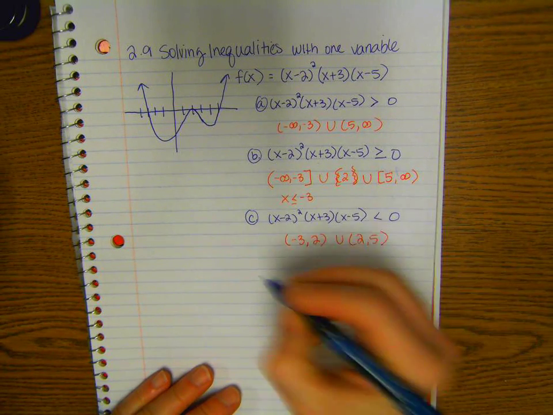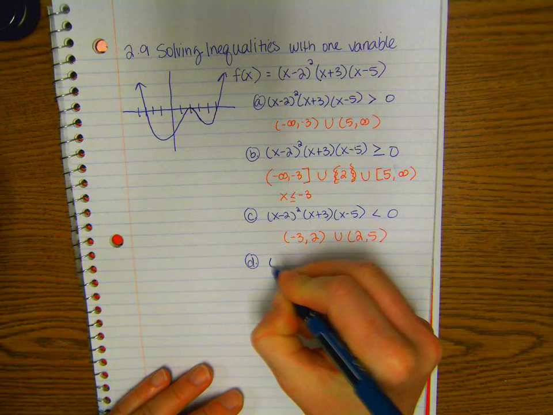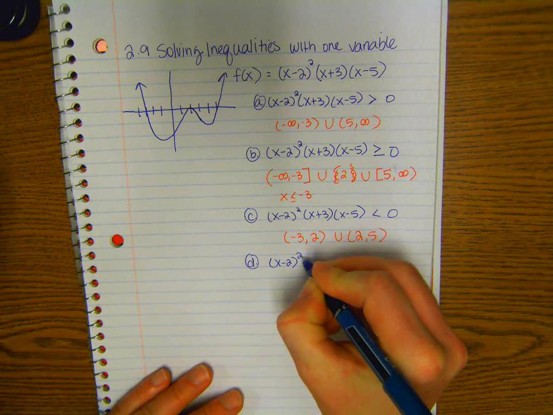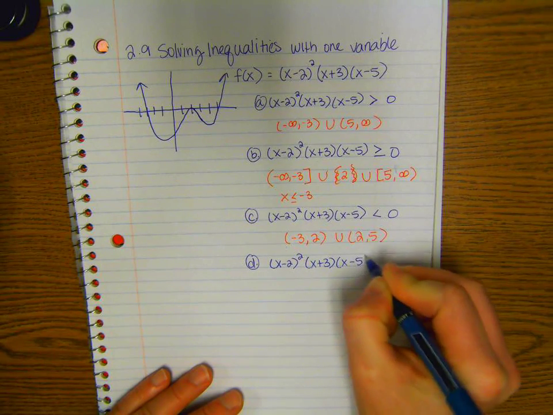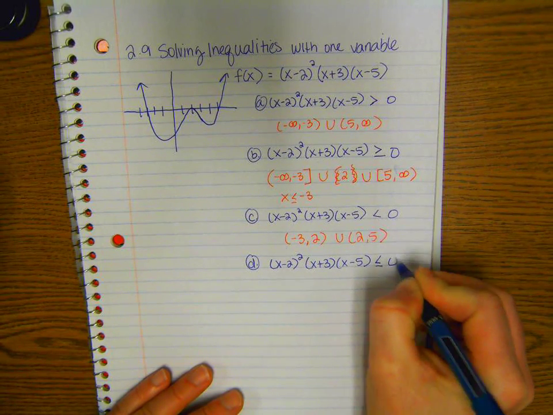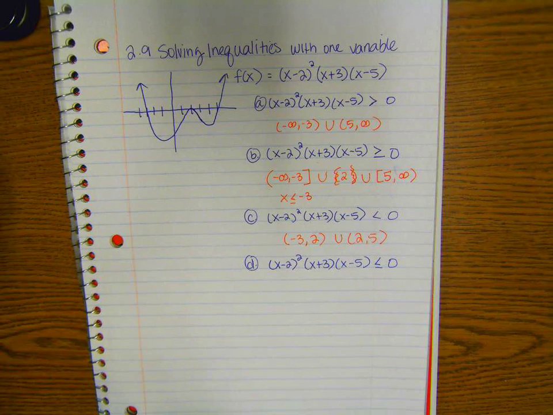And lastly, let's solve the inequality x minus 2 squared, x plus 3, x minus 5 is less than or equal to 0. And so how would I write that?